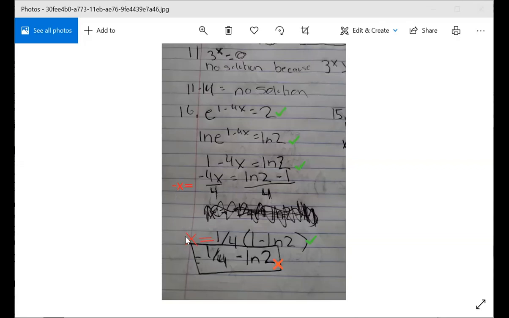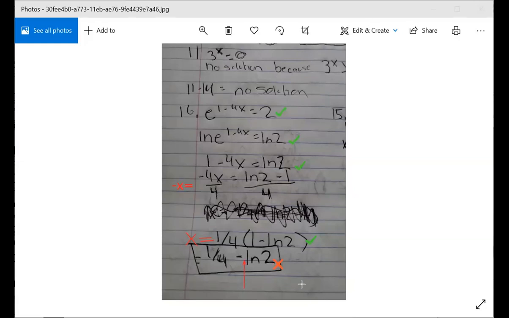But when you have x here, you're going to have 1/4, and he switched this ln 2 minus 1 to 1 minus ln 2. That's where the negative sign is absorbed. And the next one is he multiplied a quarter with 1, and then he needs to also multiply the quarter with ln 2, but he missed that.